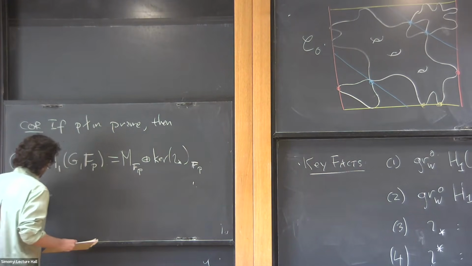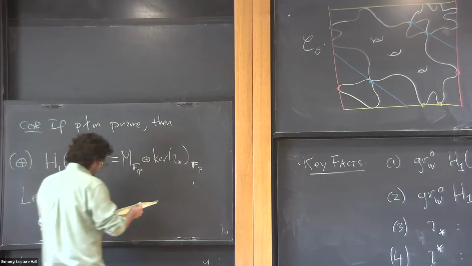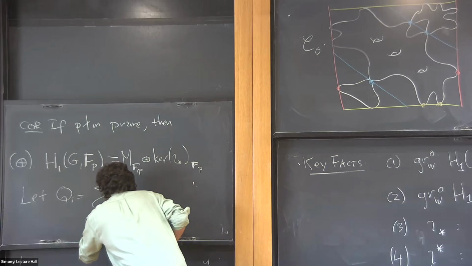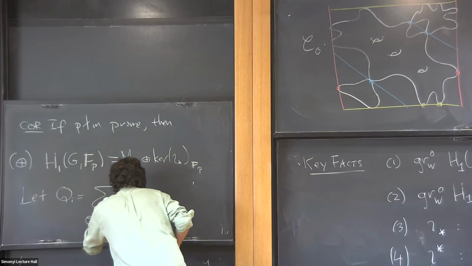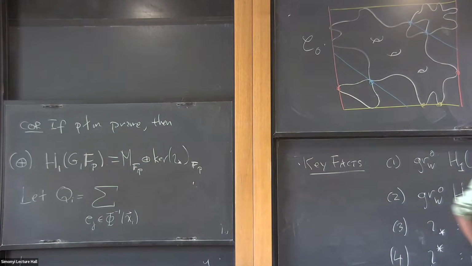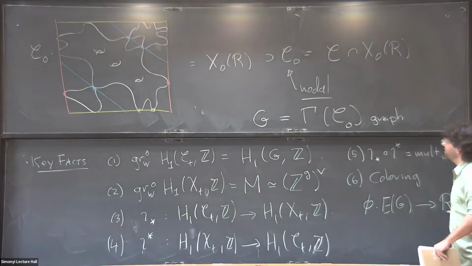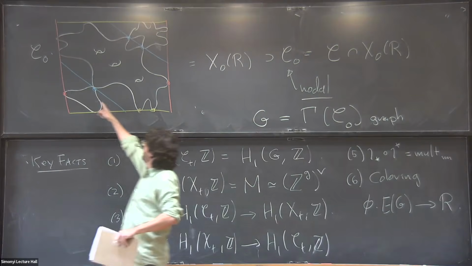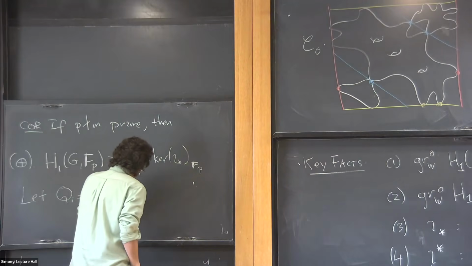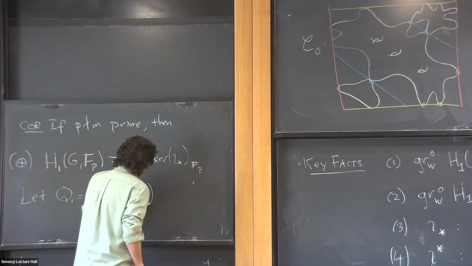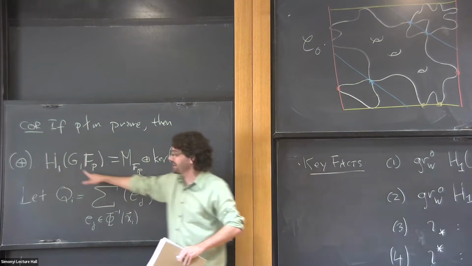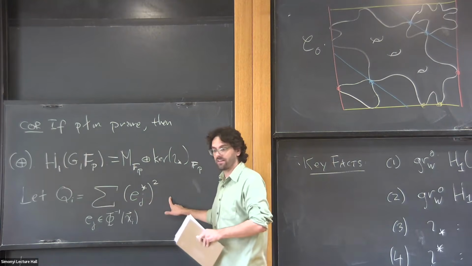Let Qi be the following quadratic form. It's the sum over all edges of a fixed color. In other words, under the coloring, I take all the edges that map to a fixed element of R, which is to say all of the nodes of this graph of a fixed color. And then I take the quadratic form e_j dual squared. So this is a linear function, e_j dual, on H1. The square is a quadratic form.